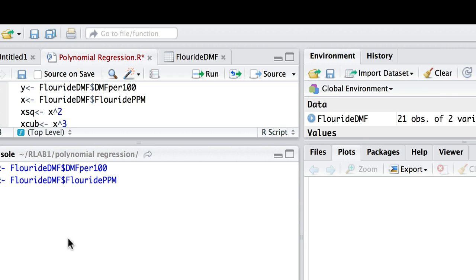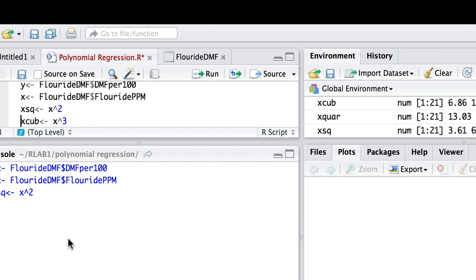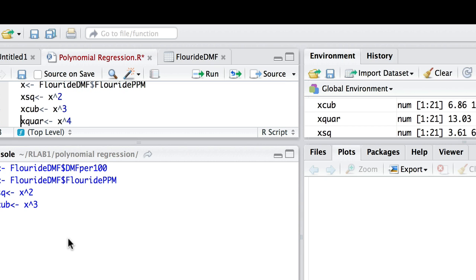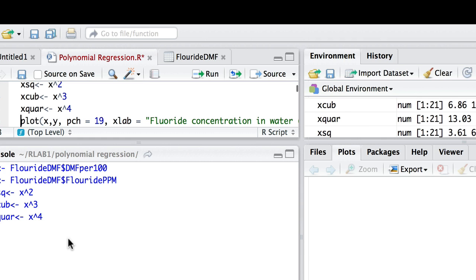Since we've defined x in this way, I'm simply going to define x squared in that way too. It's the square of x. The cube of x is, of course, x raised to the power 3. So all individual x observations are now cubed, and we've created another vector for x cubed. And just to be on the safe side, we're going to be looking at x to the power 4.